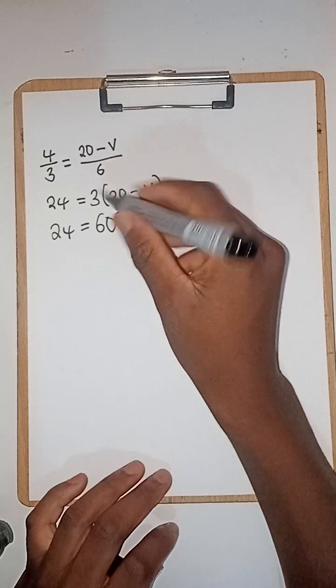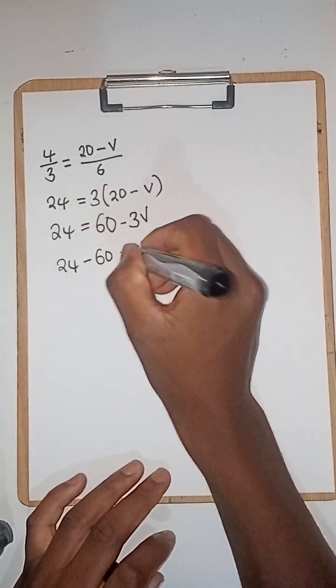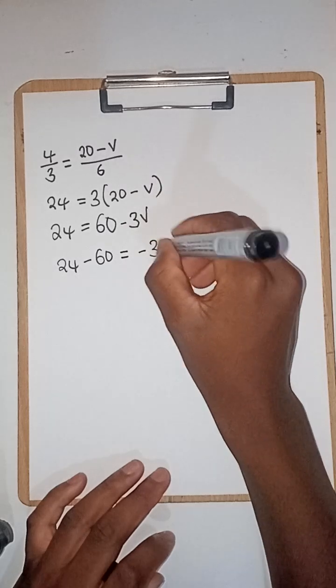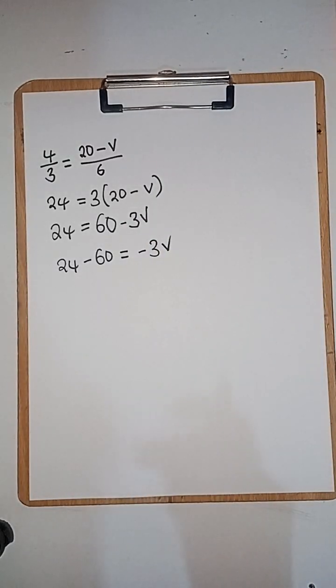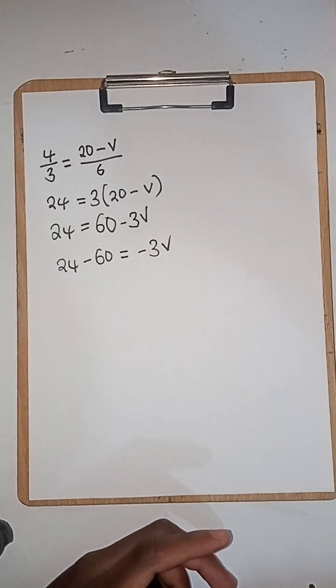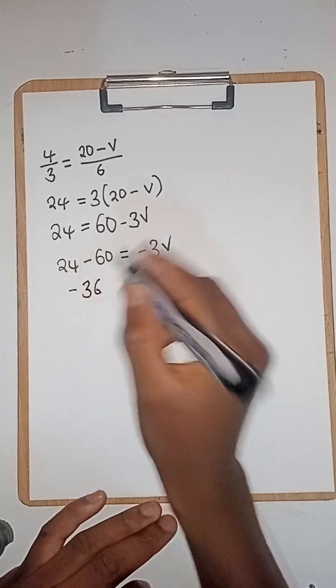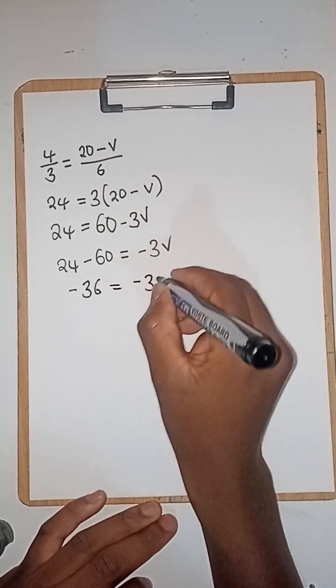From here, this can go aside and become 24 minus 60 equals to negative 3v. Now, after having that expression, now what is 24 minus 60? 36. So we're going to have negative 36 equals to negative 3v.